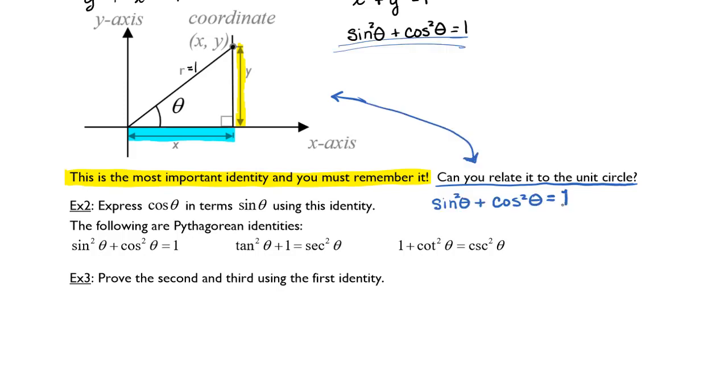If I start with sine squared theta plus cosine squared theta equals 1, and I subtract sine squared theta from both sides, I get cosine squared theta is equal to 1 minus sine squared theta. And then if I wanted to just have cosine, not cosine squared, I take the square root of both sides.